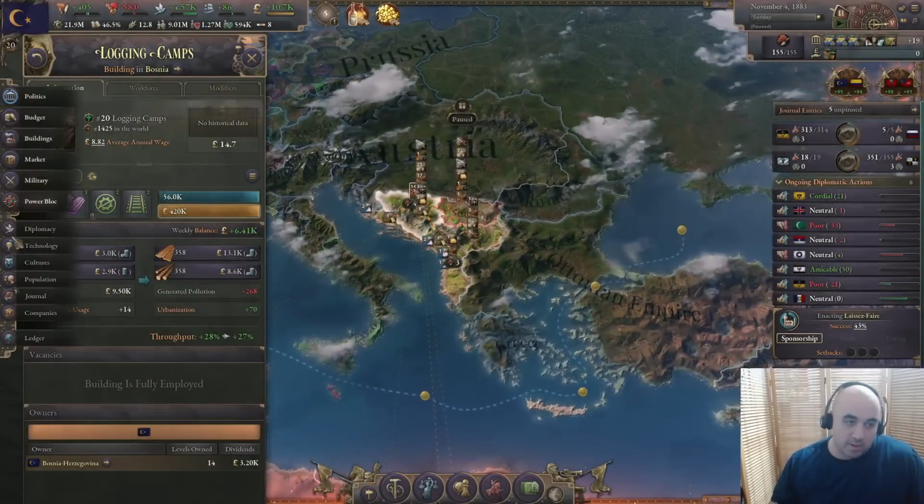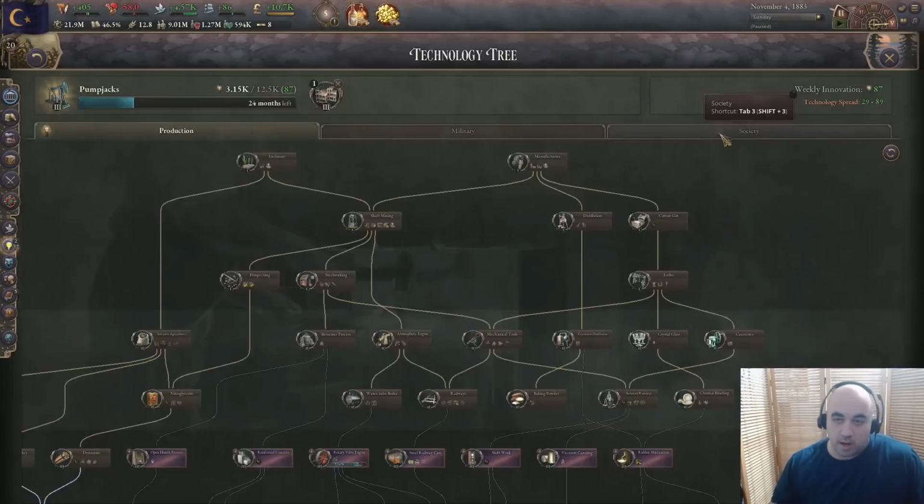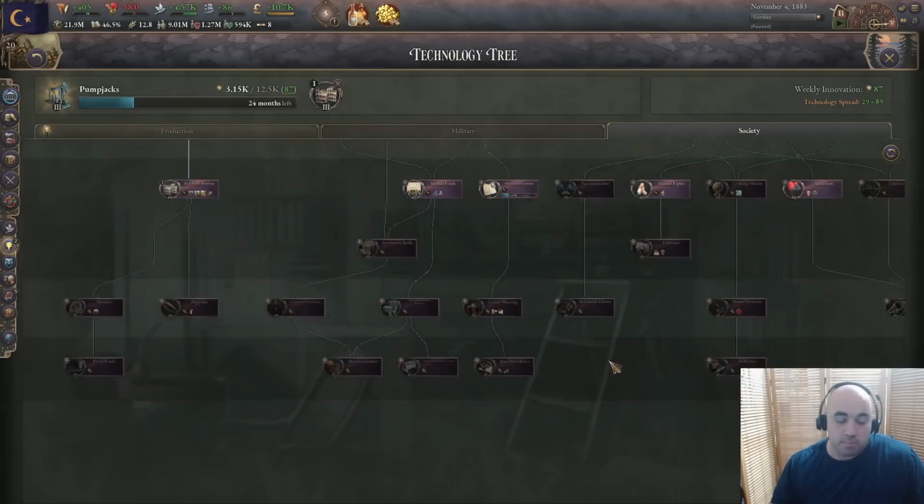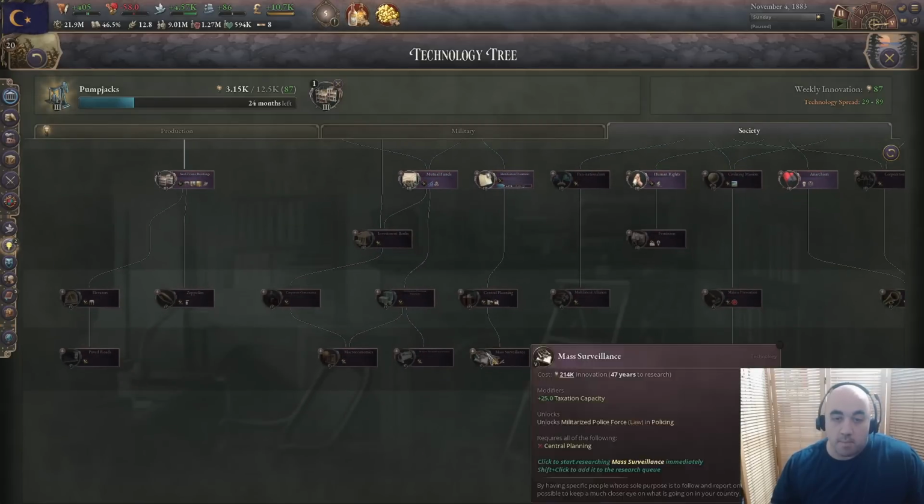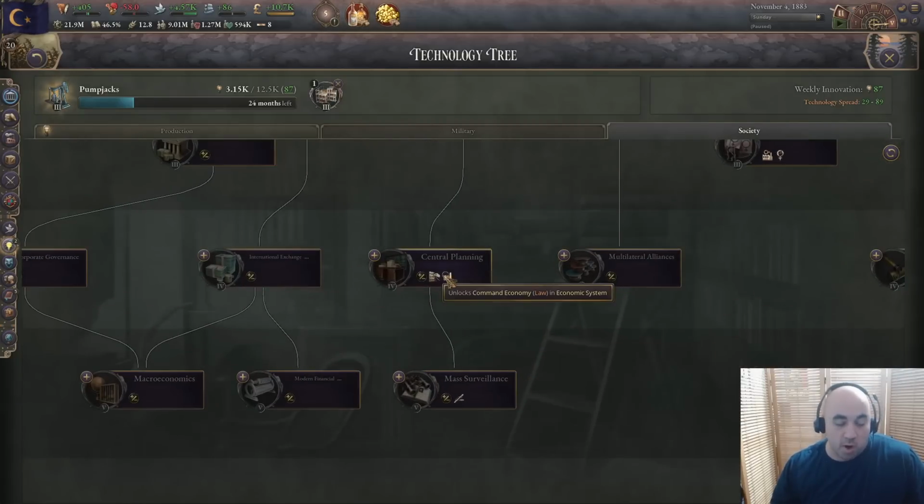By the time you get central planning, you probably have size 50 buildings, especially in a lot of your manufactories. And so getting cut down in terms of a proportion of your economy by 1/6, or something like 1/8 or 1/10 if you don't have other throughput bonuses, this is a really substantive malice.